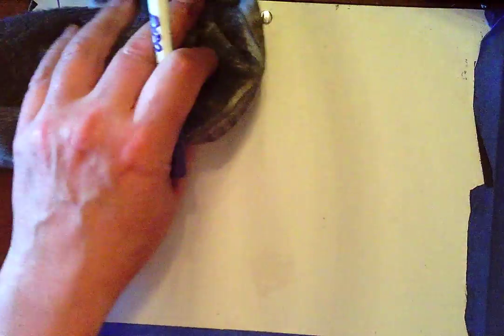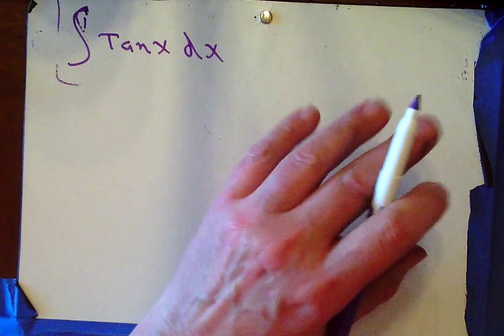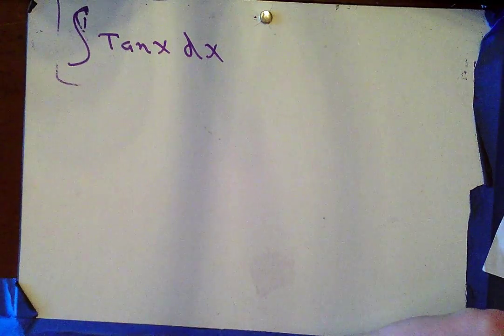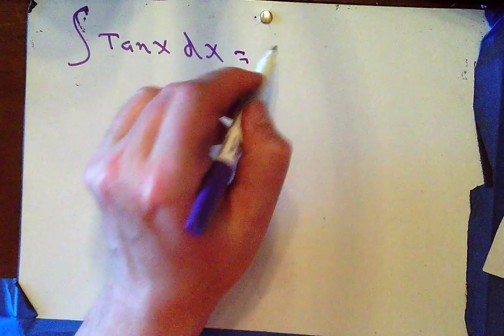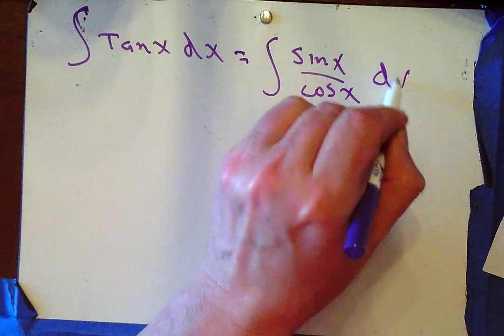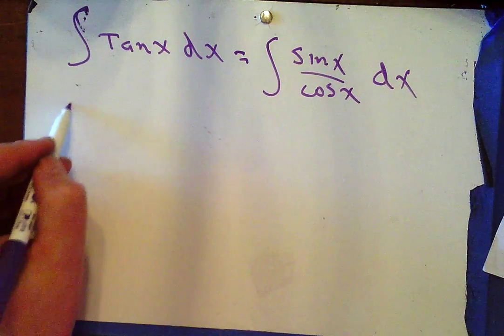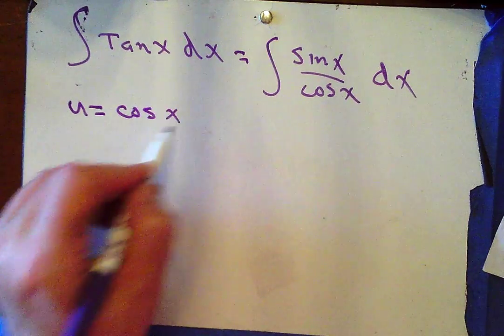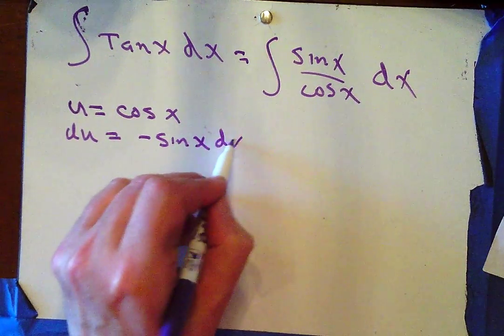All right, let's get back to this happy place. Integral of tangent x dx. Yeah, that should be happier. Well, what do you mean you're not happy? How about if I write it as sine x over cosine x? Does that suggest anything? Right, so your u is cosine x, and your du would be negative sine x dx.